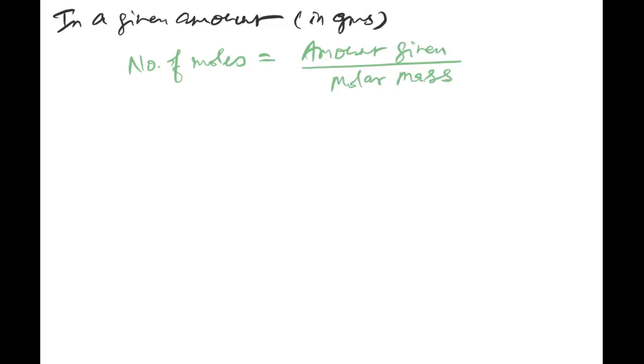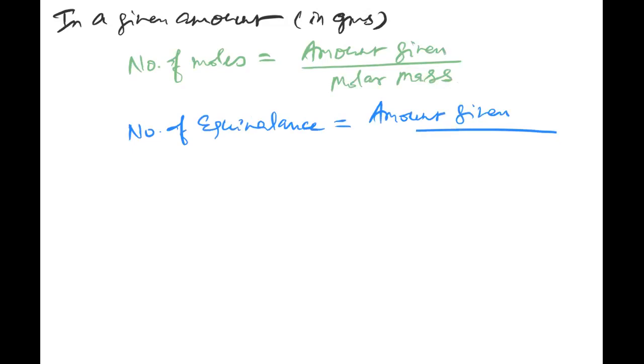And similarly, number of equivalents should be equal to amount given divided by, instead of molar mass, equivalent mass. So number of moles is nothing but amount given divided by molar mass, and number of equivalents is nothing but amount given divided by equivalent mass.